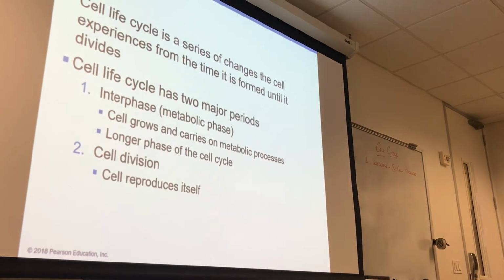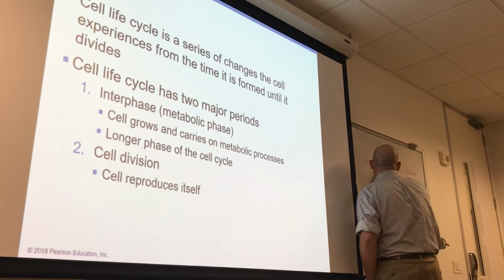When a cell is in interphase, it is carrying out normal cell processes, its normal everyday activities. If it's a liver cell, it's doing liver things. If it's a muscle cell, it's doing muscle things. If it's a fat cell, it's doing fatty things. This cell is just undergoing normal activity.